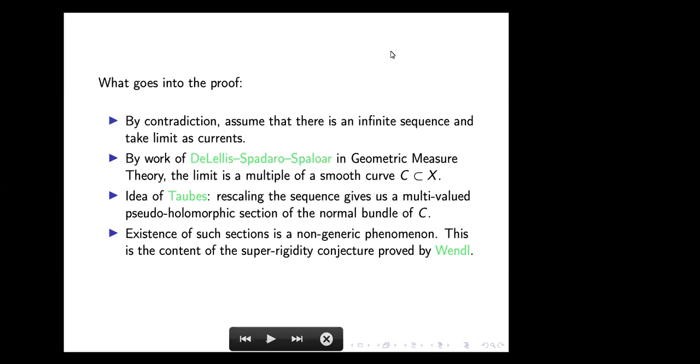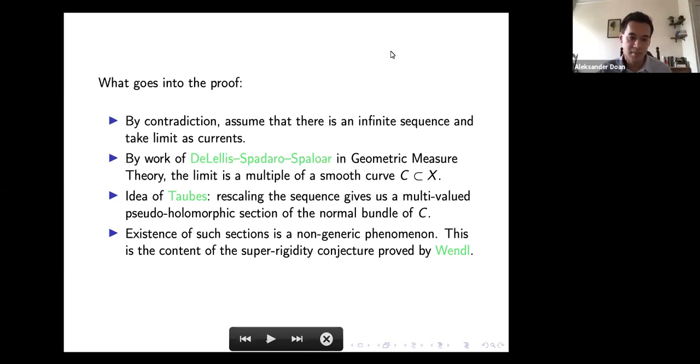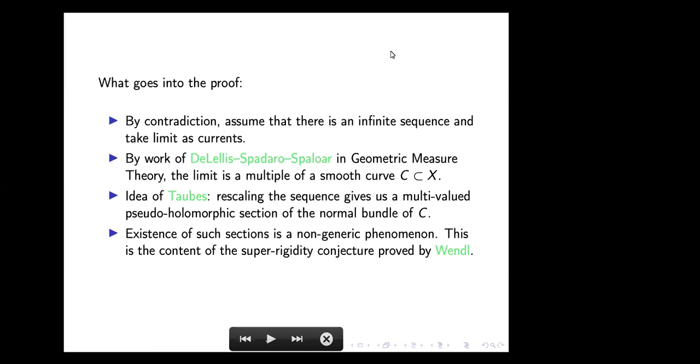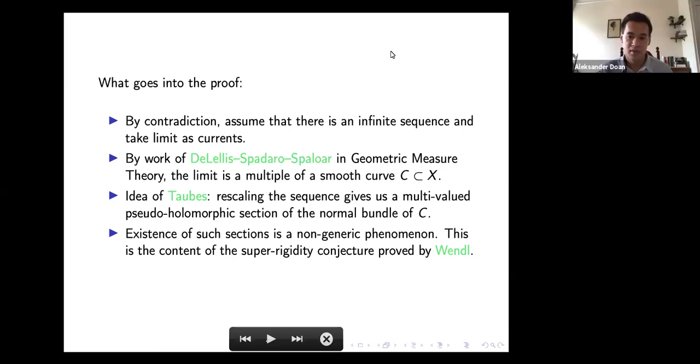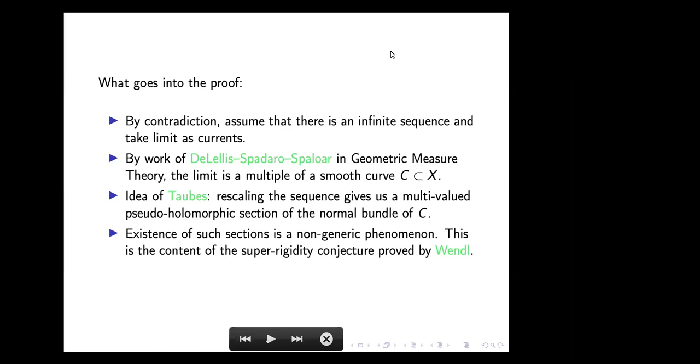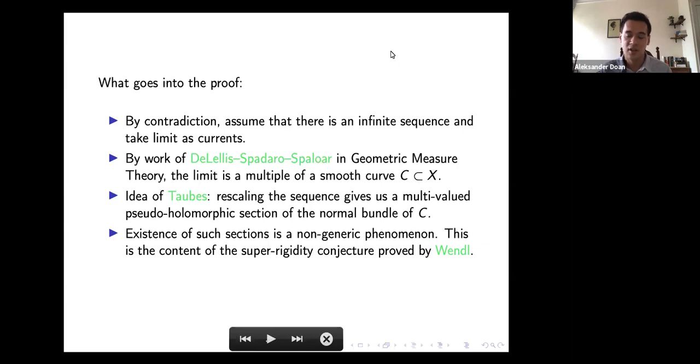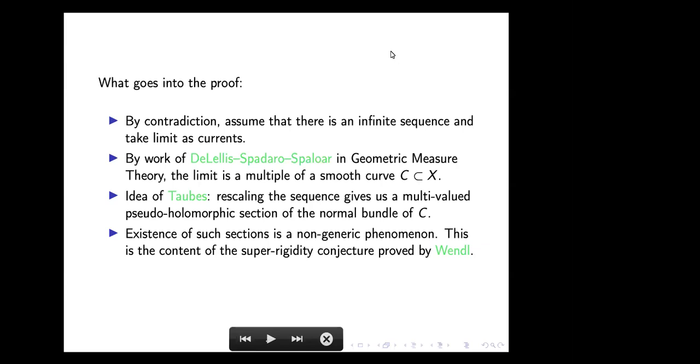Sorry, Alexander, can I ask a question? What does integer multiple mean in this context? So a current is something that associates with a two-form a number. So it will be an integer times the integral of the form over the curve. Right. Okay. Thanks.